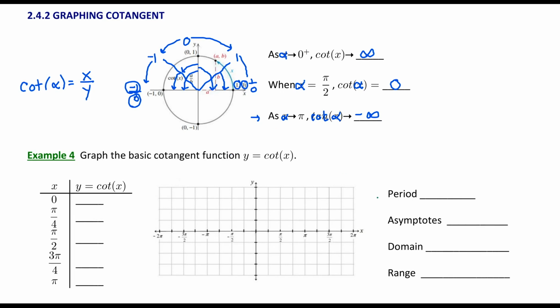To begin graphing the cotangent function, let's first observe that cotangent of 0 is undefined and cotangent of pi is undefined. This creates a vertical asymptote on the graph at x equals 0 and x equals pi.